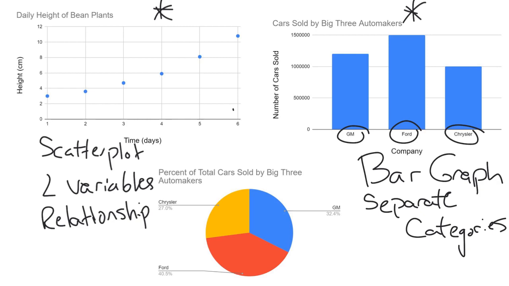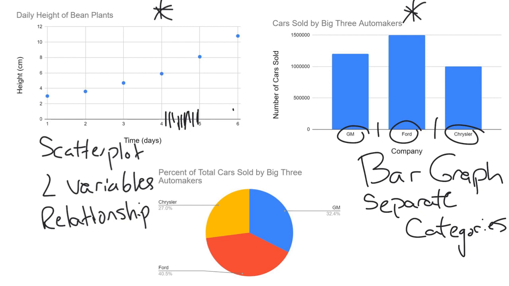The difference between this graph and the scatter plot is that in the scatter plot, at the halfway point, there is a 4.5 days. And there is a 4.25 days, and there's a 4 3/4 days. So we have times in here that we could have measured data from. The difference between that and a bar graph is that I don't have a car that's half GM and half Ford, and I don't have a car that's half Ford and half Chrysler.